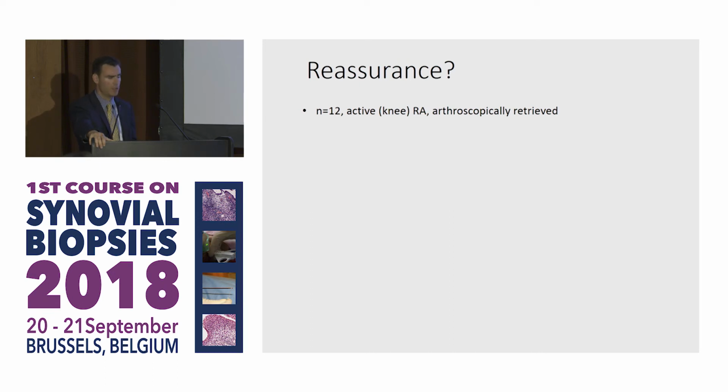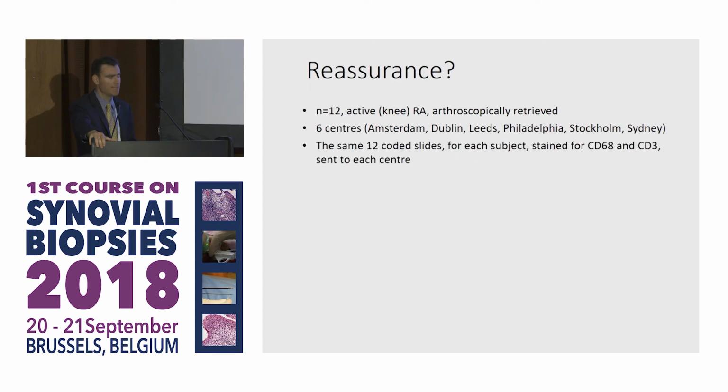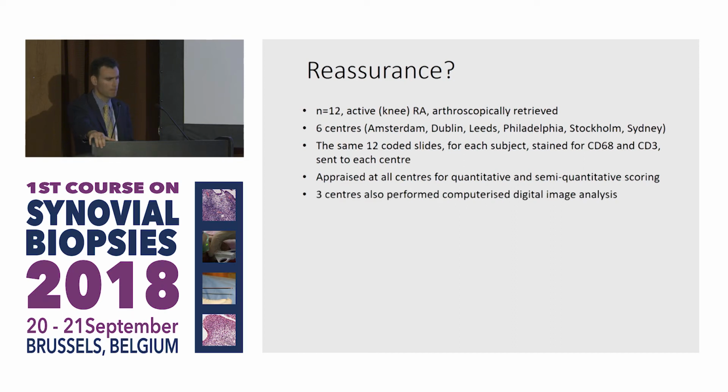They took 12 patients with active RA in the knee joints and arthroscopically retrieved tissue from there. They had 6 centres involved, and the same 12 coded slides for each subject stained both for CD68, a macrophage marker, and CD3 were sent to each centre. And in all centres, quantitative and semi-quantitative scoring was done, and in 3 centres, computerised digital image analysis was also done.